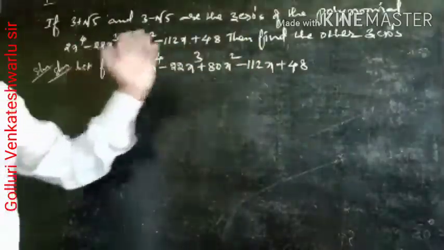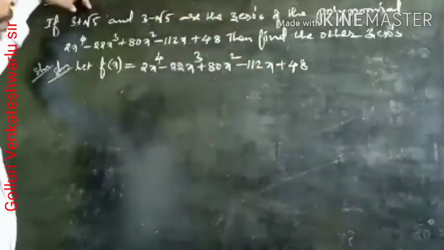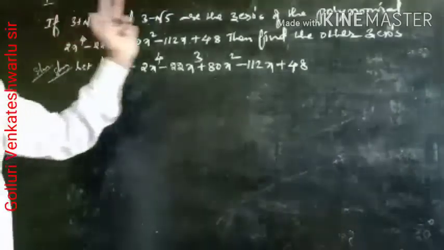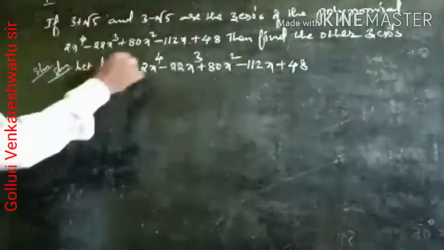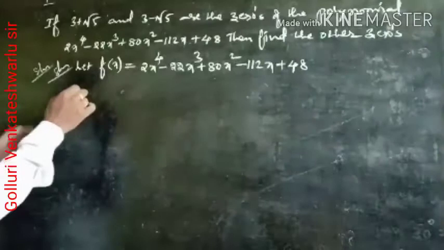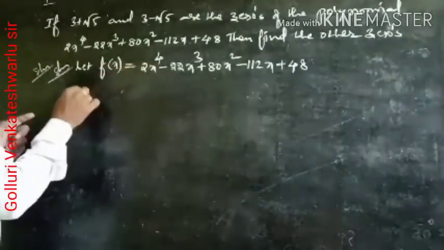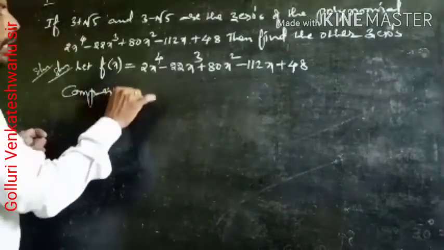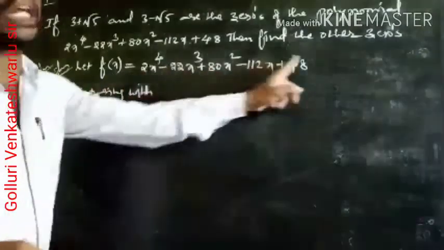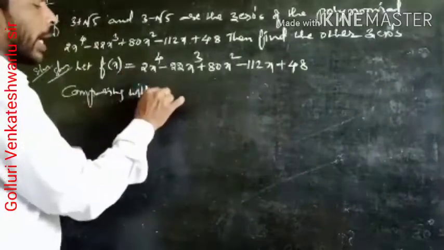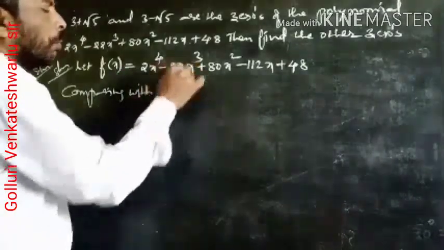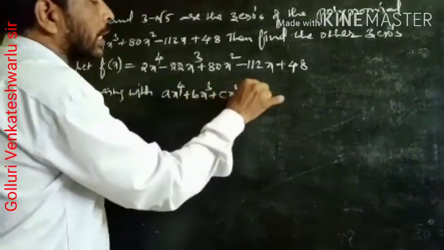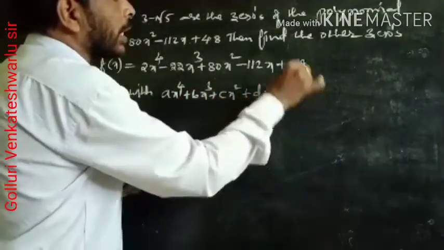Out of the 4 zeros, here 3 plus root 5 and 3 minus root 5, 2 zeros are given. So let us assume, comparing with the standard form of the fourth degree polynomial, that is ax to the power of 4 plus bx cube plus cx square plus dx plus e.